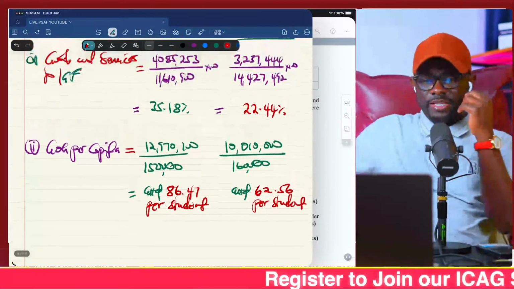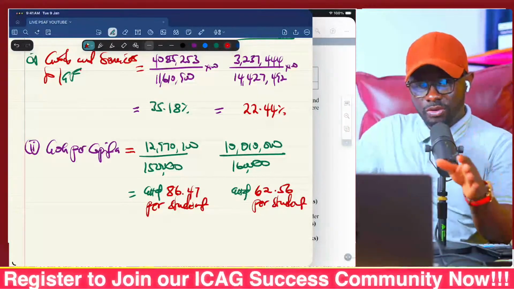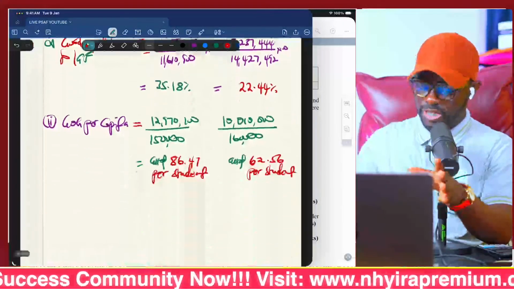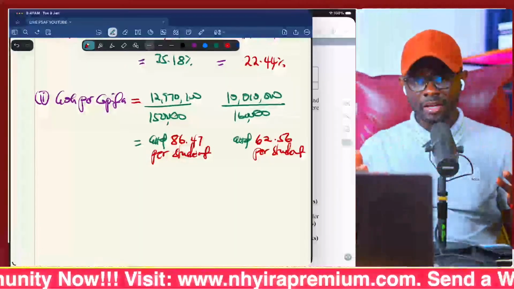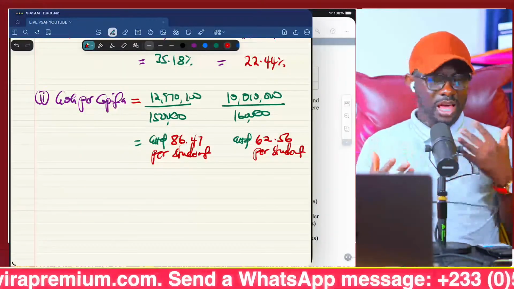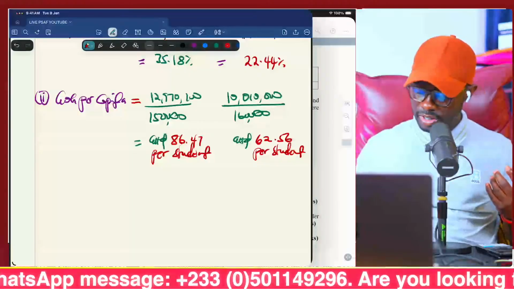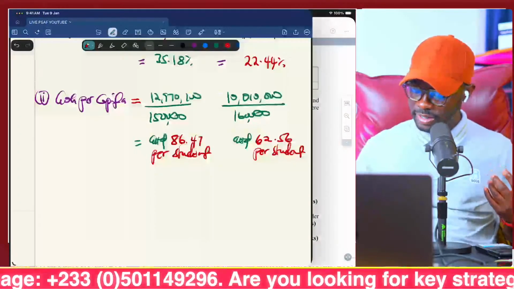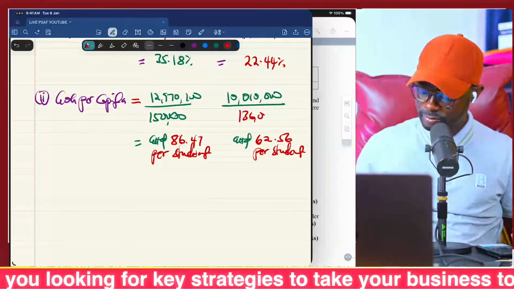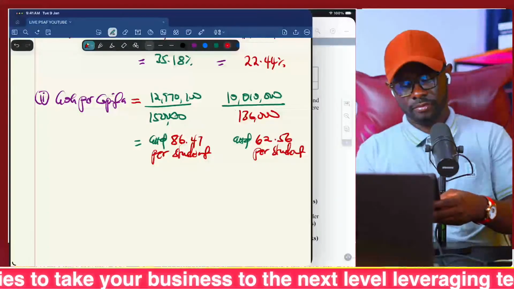So you could see that government subventions, government grants to the school is significantly high for both universities, although we are seeing Sunyani Technical University having a higher amount of grants per student. Now, largely you will see that they have, no, I made a mistake. This is 136, not 160. So let me punch that again. 136.